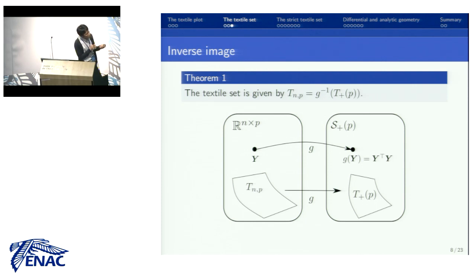The textile set is denoted by T_np, and the map G maps a real matrix Y to the positive semi-definite matrix G of Y. We also defined T_p^+ in the space of positive semi-definite matrices, and the theorem says T_np is the inverse image of T_p^+. The proof is not difficult.